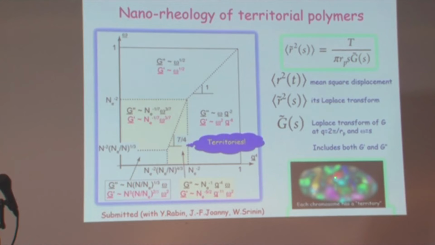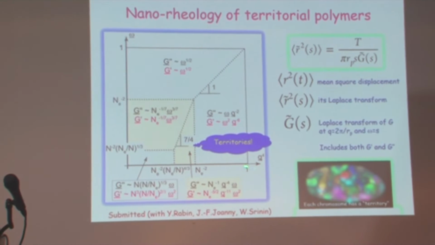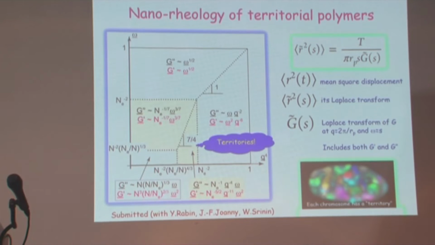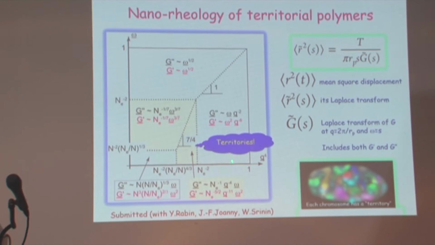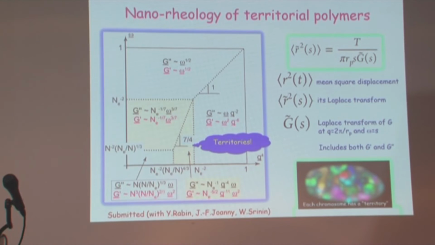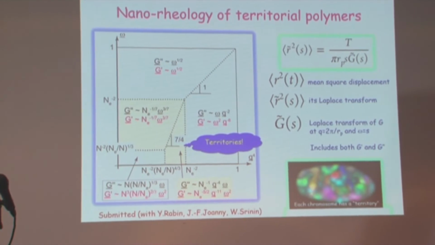And when you are dealing with a territorial polymer, the most interesting part is when the wave number belongs to one territory. So here, at larger Q, you are at a scale which is much smaller than the territory. It's where you look at small pieces of your polymer.